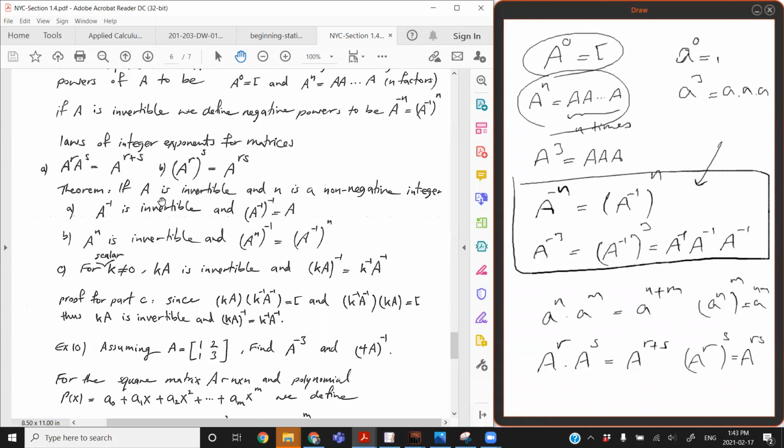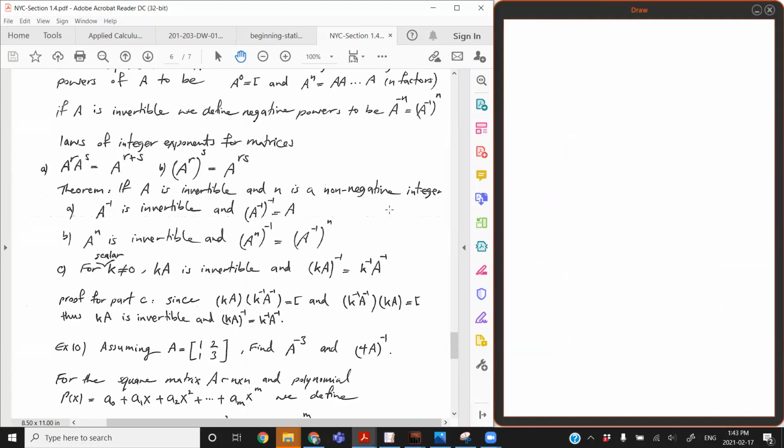Next, we have this theorem about A, which is an invertible matrix, and n, which is a non-negative integer.